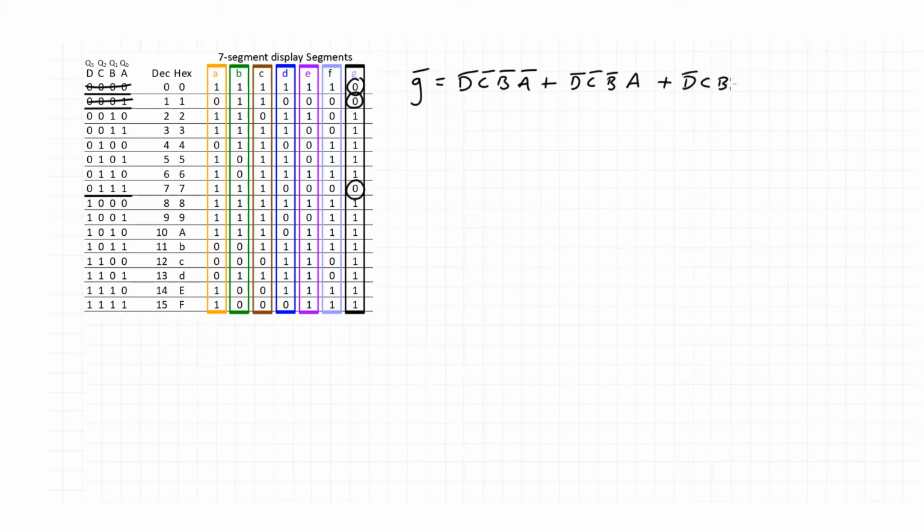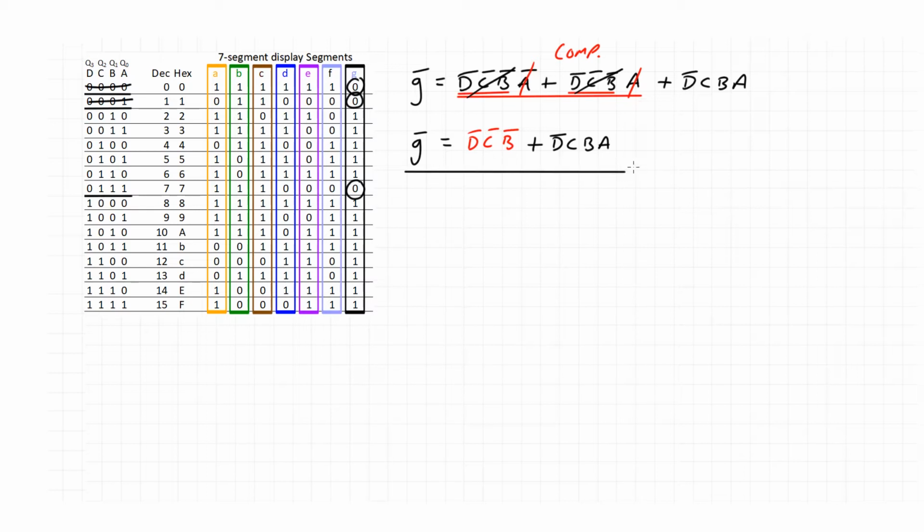So the value of A doesn't matter in the first 2 terms, because we have common factors of not D, not C, not B. They're both true, so A has no effect whether it's high or low, and that's what the complement law is about. So that is worth not D, not C, not B, or the other term, the final term, which was not D, C, B, A. And that is the minimized expression. There's nothing else we can do.